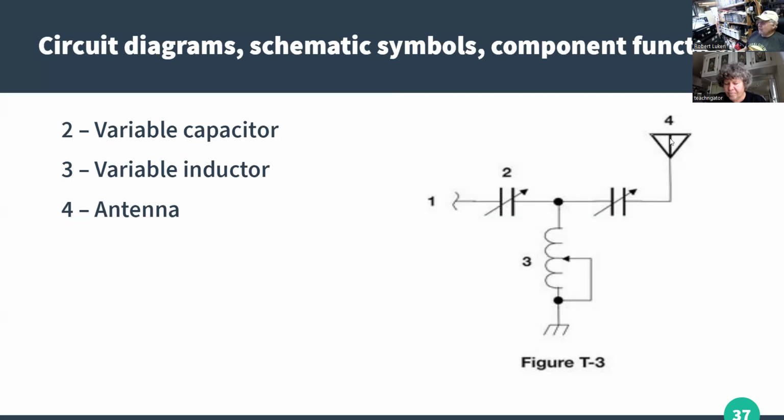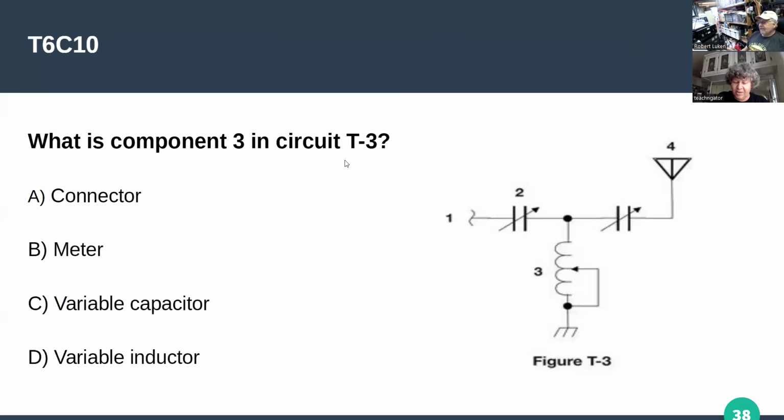And then number 4 is how we represent an antenna. And don't ask me who came up with that. Probably based on the old TV antennas when Dad was on the roof.